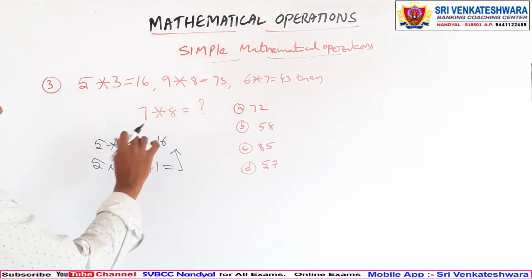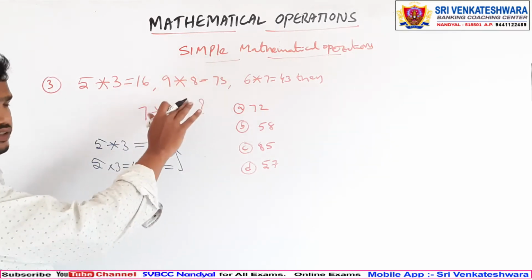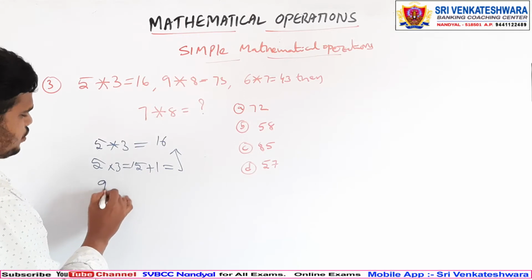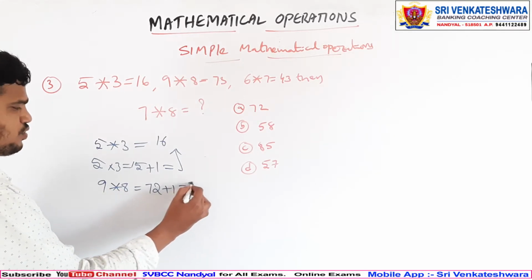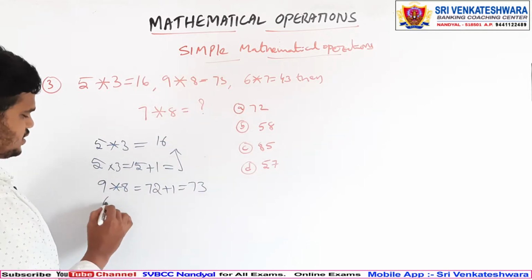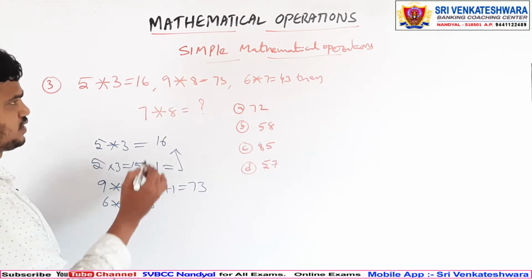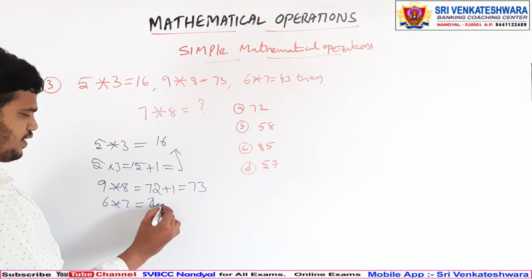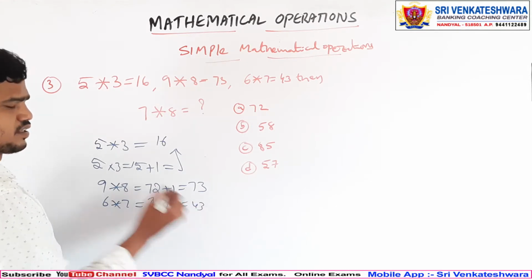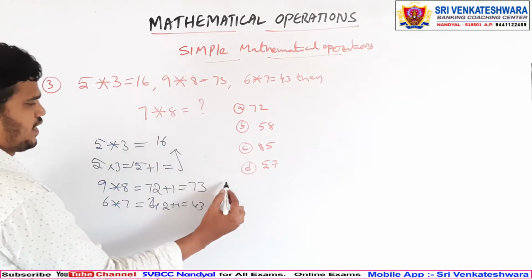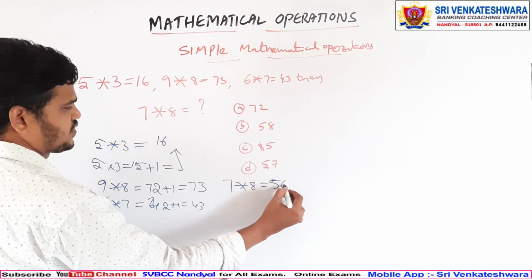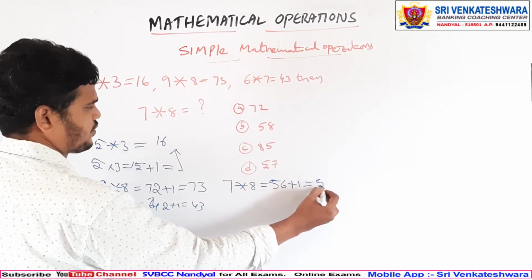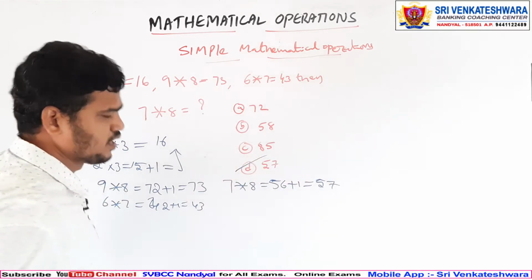In the same manner, we will check whether it is satisfied for all the expressions. 9 asterisk 8 is 72 plus 1 is equal to 73. Next, 6 asterisk 7, 6 sevens are 42 plus 1 is 43. In the same manner 7 asterisk 8 is 7 eights are 56 plus 1 is equal to 57. So this is your option.